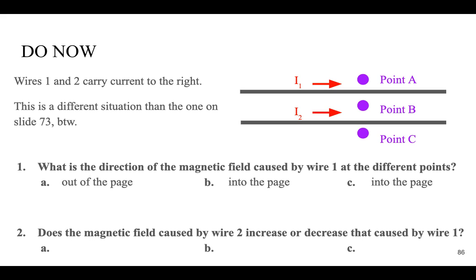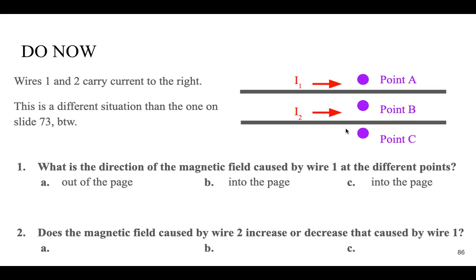So this is where it gets different. Now think about what wire 2 is doing. At which of those points is wire 2's current's magnetic field going to increase or decrease the magnetic field by wire 1? Again, to do this kind of thing, think about where wire 2's magnetic field agrees with or disagrees with the magnetic field of wire 1.